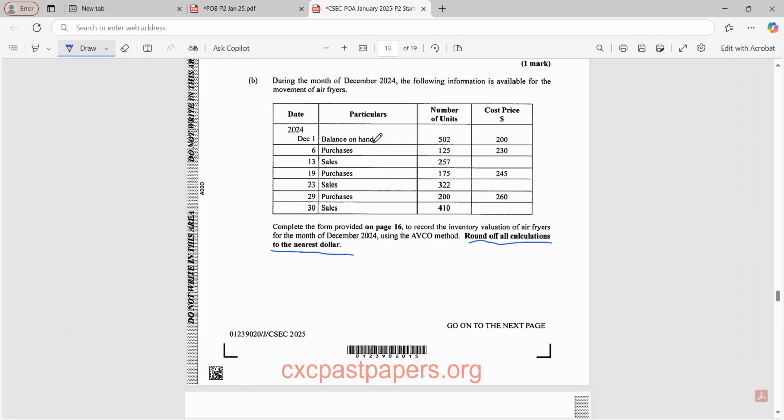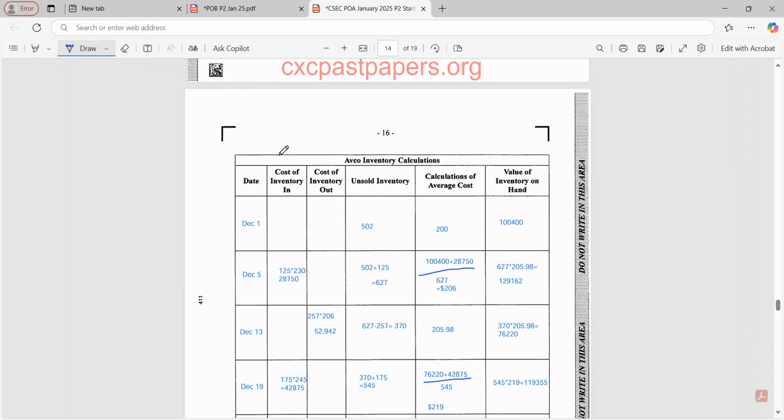Then it is the 6th of December. Purchases was 125 units at $230. So we're going to say cost of inventory coming in, since we're purchasing the goods. We purchased 125 units at $230, so we get 28,750.